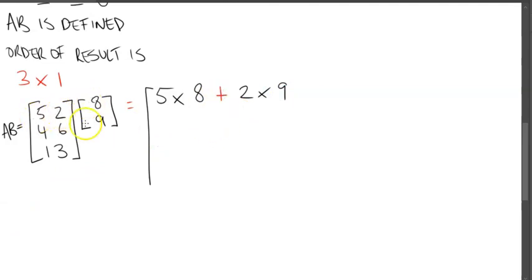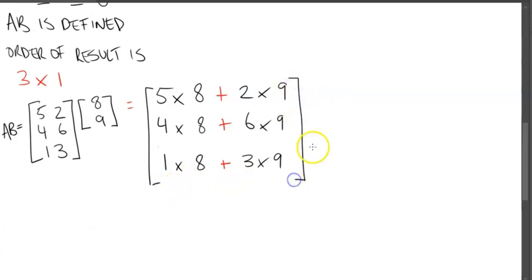We're then going to repeat this process, but we're going to go to the next row, 4 and 6. So this is going to be 4 times 8, 6 times 9, and this is going to be added together. And then again, we're going to do it with the 1 and 3. So this will be 1 by 8, 3 by 9, and then again we're just going to add this together.